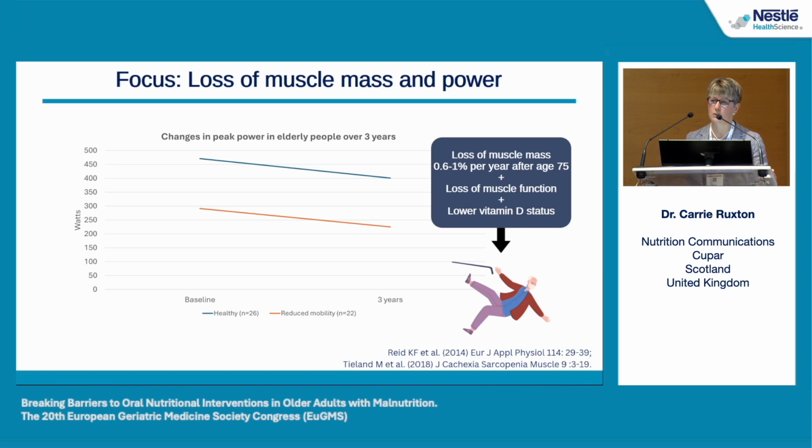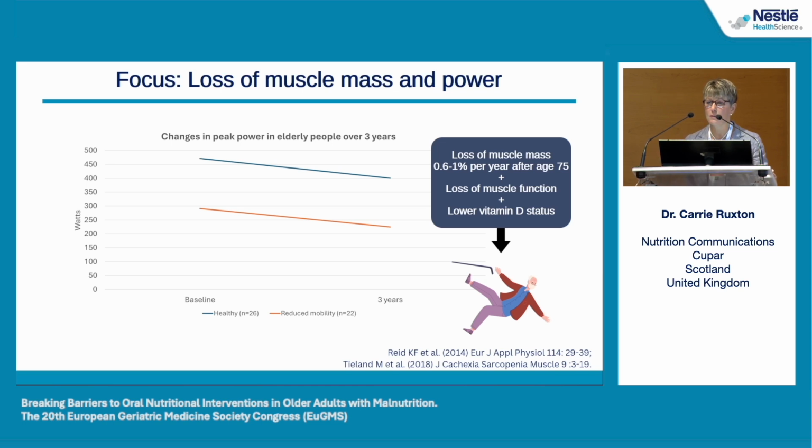So they end up in hospital, they maybe then have an infection, they then spend ages in hospital, nobody can look after them at home, they block the bed, and you then have a series of issues that have all started because that person's muscle mass has declined to a very low level. And vitamin D status is part of this as well. If people have a low vitamin D status, they're at increased risk of falling.